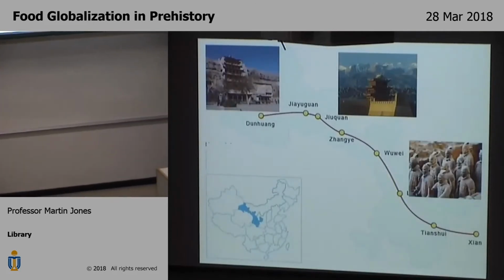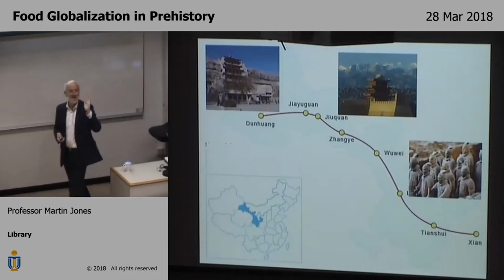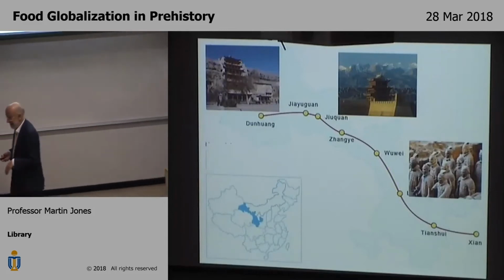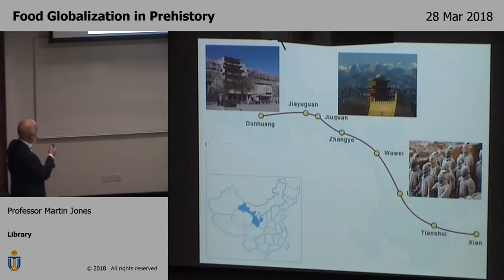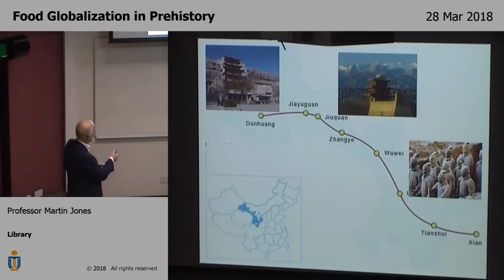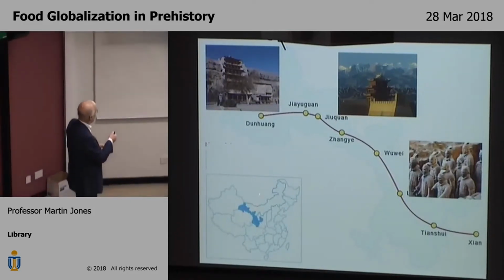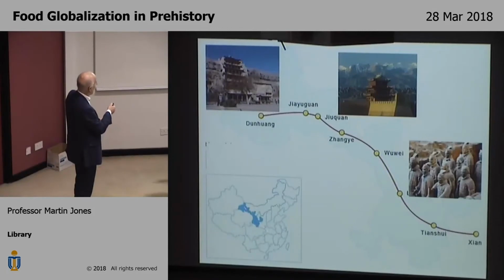Now, let's go back to the Hexi Corridor. This is almost a tourist shot, but we're back on the Hexi Corridor in China, which is this corridor between the mountains and the desert, along which a lot of this movement happened. And here is another set of isotopic results.